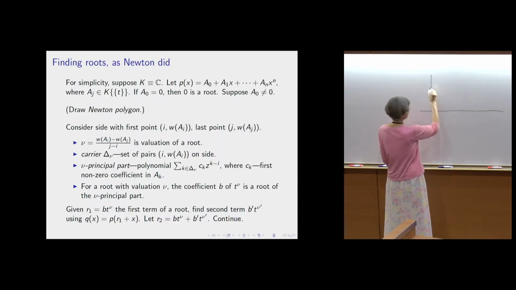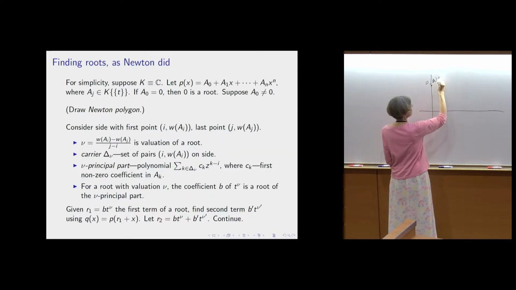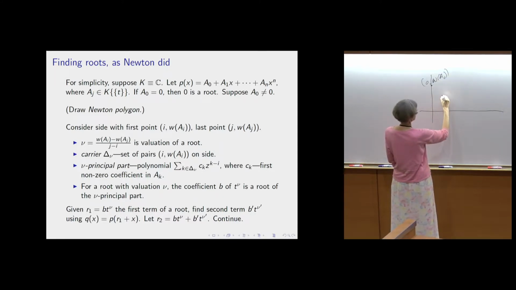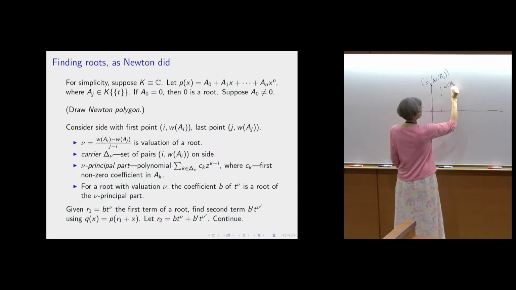We graph the pairs. The first point is 0 and the valuation of A0. Then maybe I'll take another point here: 1 and the valuation of A1.